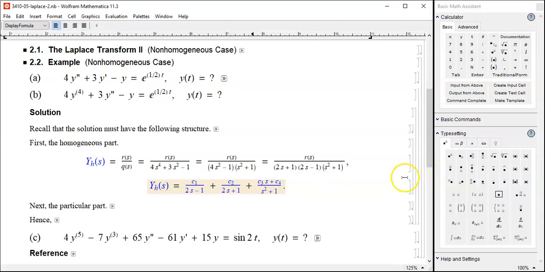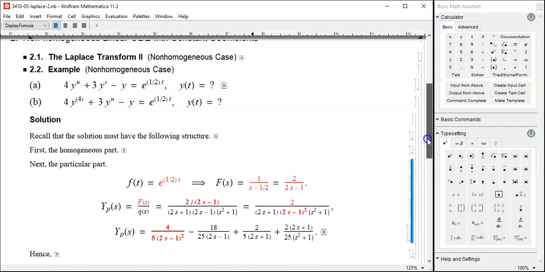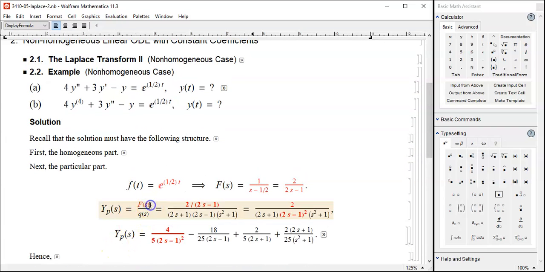Next, the particular part. We have F of s over Q of s, and F of s is coming from the Laplace transform of the non-homogeneous part of the original equation, and Q is the left-hand side, the characteristic polynomial.